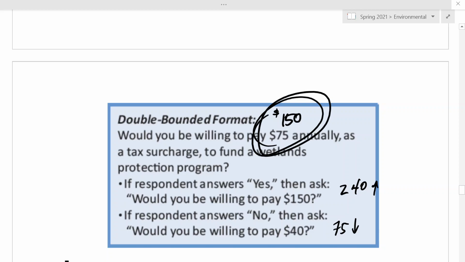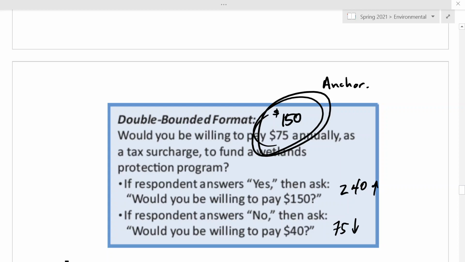Because wherever you start for something, that is the anchor. Some people actually talk about this for job salary negotiations, and it gets into all sorts of issues there.